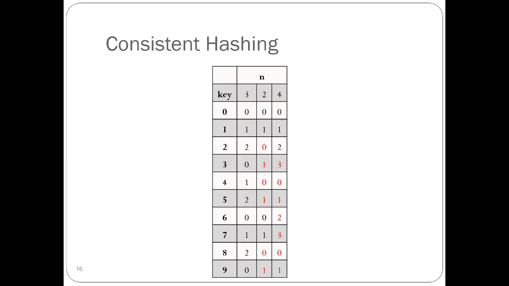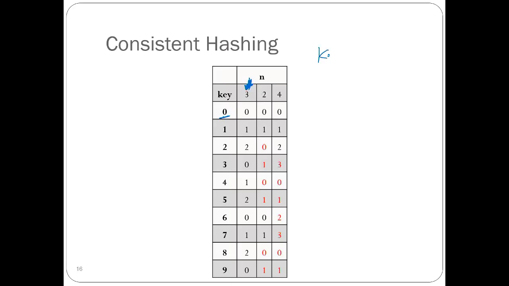Now, you need to pay attention to the first column over here, which is fairly simple. We started with n is equal to 3 servers. These are the different keys from 0 to 9. There are 10 keys, so they can get these index values, 0, 1, 2, all the way till 9. Now, if the key is 0, to which server will we hash?